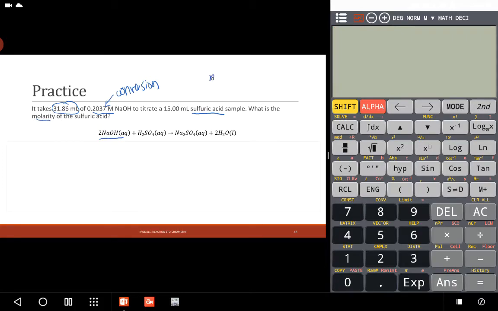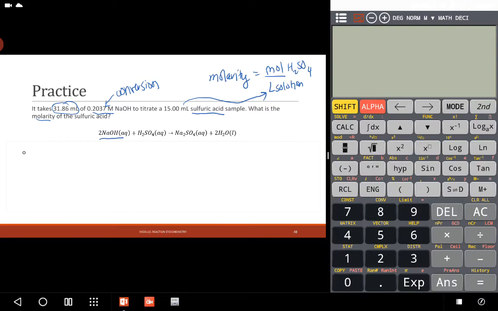I know that molarity is equal to moles over liters of solution. So my liters is going to be that 15 milliliters, and I'm going to have to find my moles of sulfuric acid.